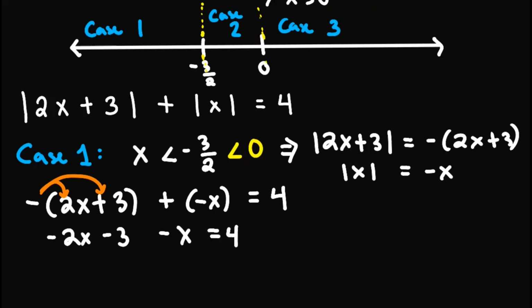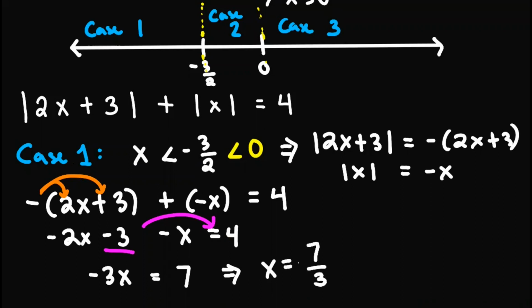Combine the like terms, we obtain -3x, and we can move the -3 out here to the right side of the equation to obtain 4 plus 3 or 7, which simplifies to x equals 7/3, that is negative.